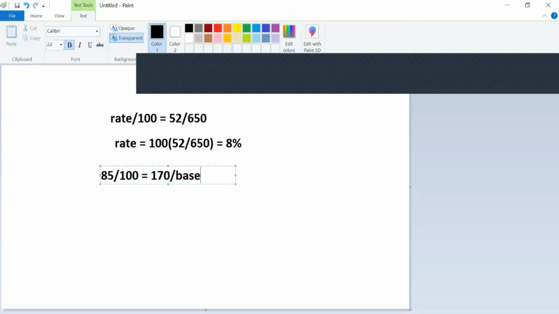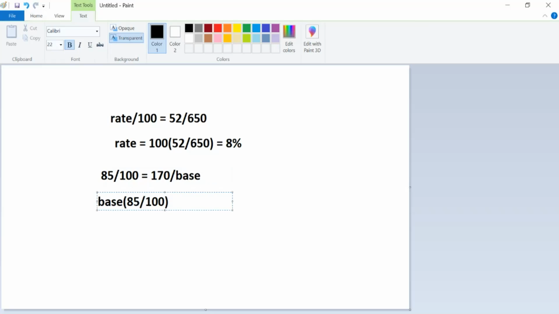So it looks like this. I've got to solve for this base. This base is in the denominator, so I have to move it to the other side, right? I have to get base on top. So it becomes base times 85 over 100, and that's equal to 170.